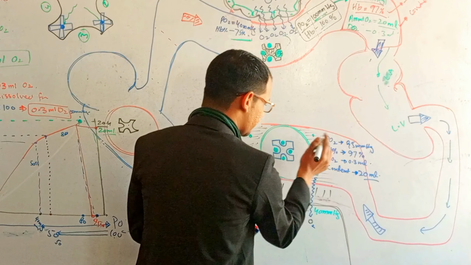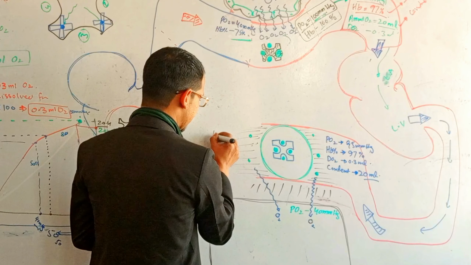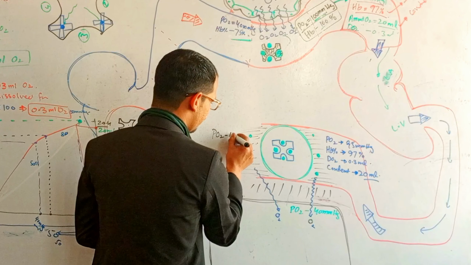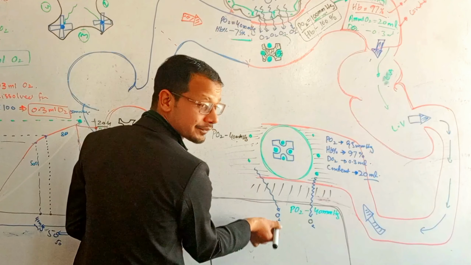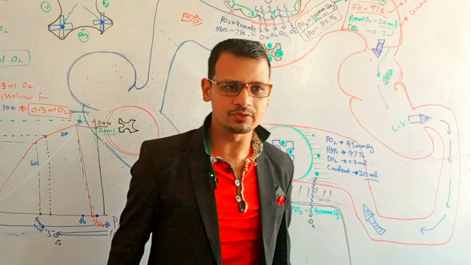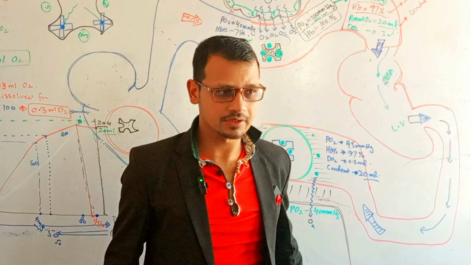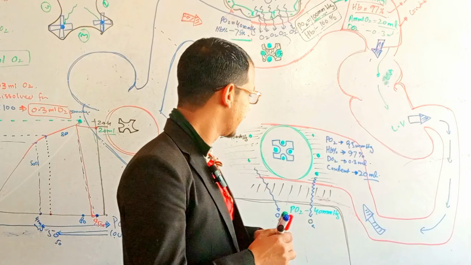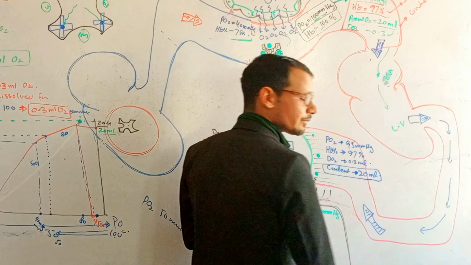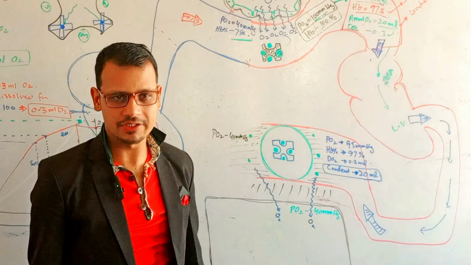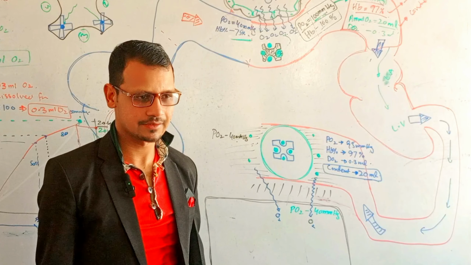So this partial pressure will drop to 40 mm of Hg. Now it becomes the same and no further oxygen will diffuse into body tissues. Right? This is clear. Now here is 20 ml of oxygen. Do you know this? Right?